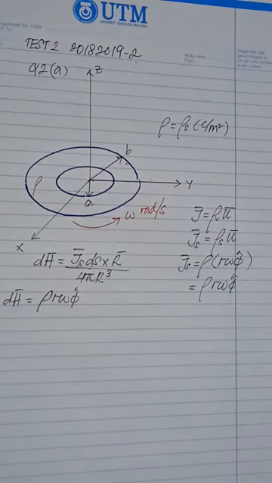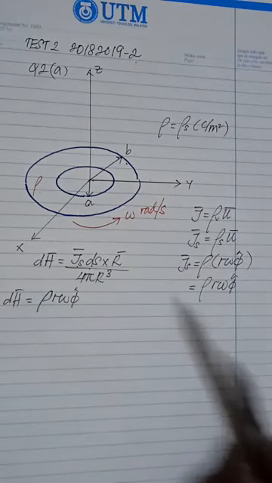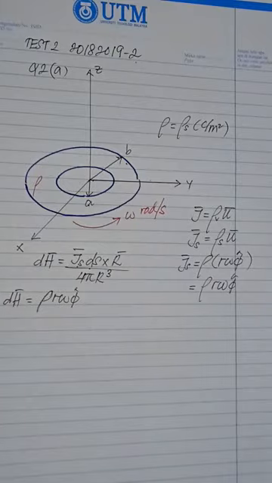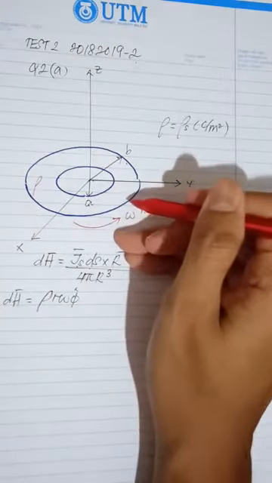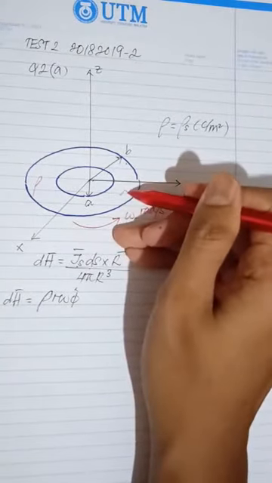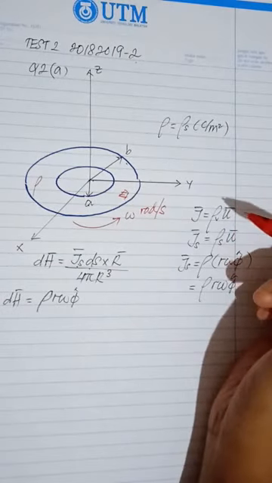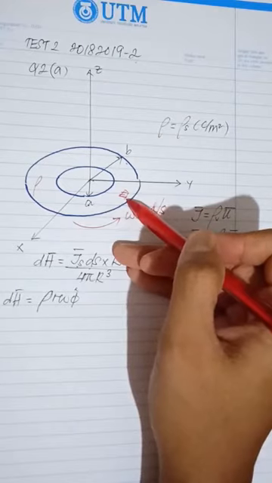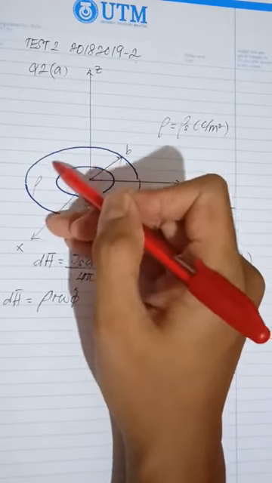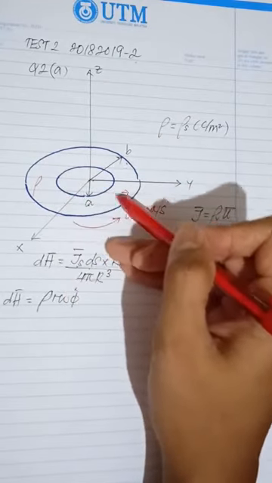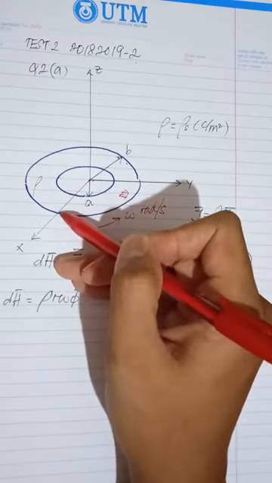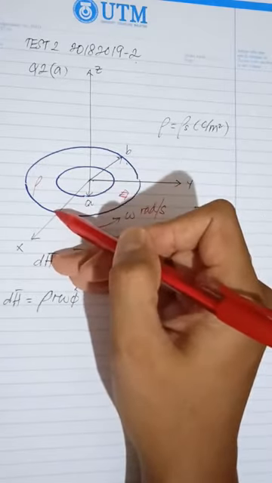And now how about the ds? Again, for this case we can do the same process, which is to take a sample or current element. Let's say this is my current element that can be taken anywhere along the disc, ranging from a to b, or 0 to 2 pi in phi.